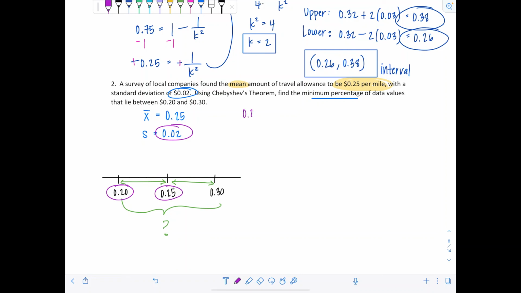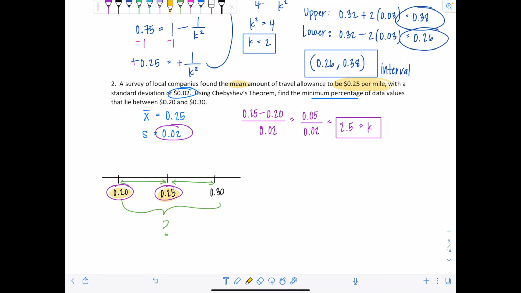So 0.25 minus 0.20 divided by 0.02. I take the difference, which is 0.05, divide by 0.02, and I get 2.5. So K, or the number of standard deviations that 0.20 is from 0.25, is 2.5 standard deviations below the mean.